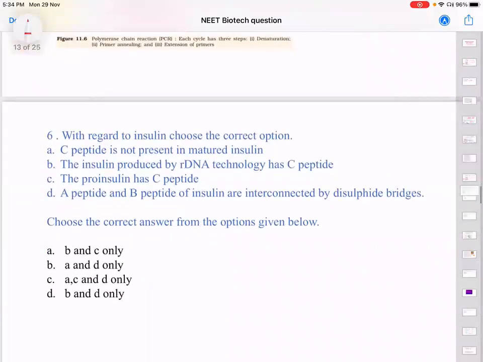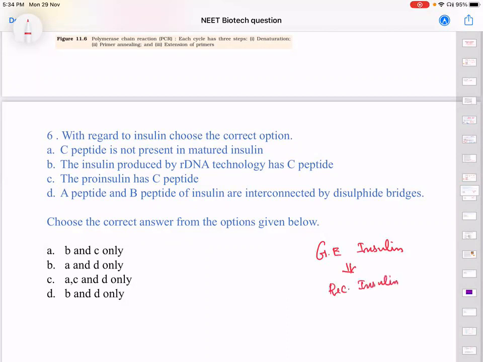Next is question C. This question is basically from biotechnology application, how to make a genetically engineered insulin. Genetically engineered insulin means recombinant insulin.